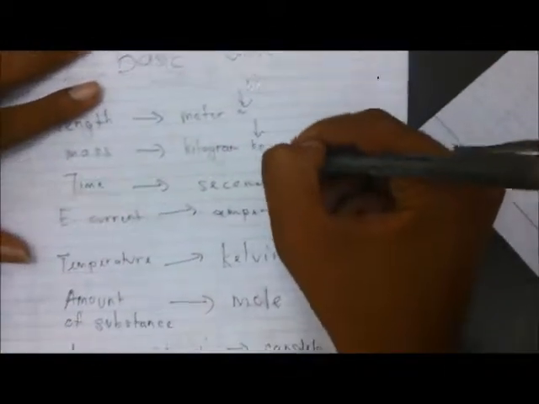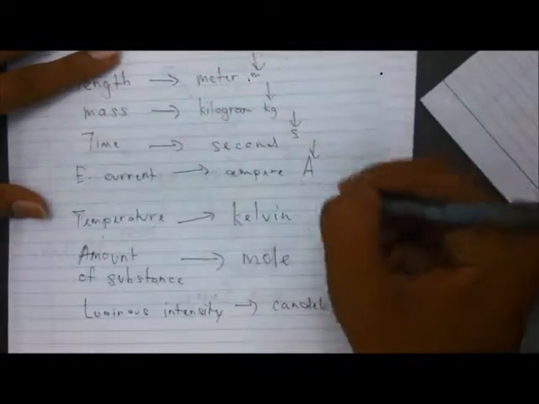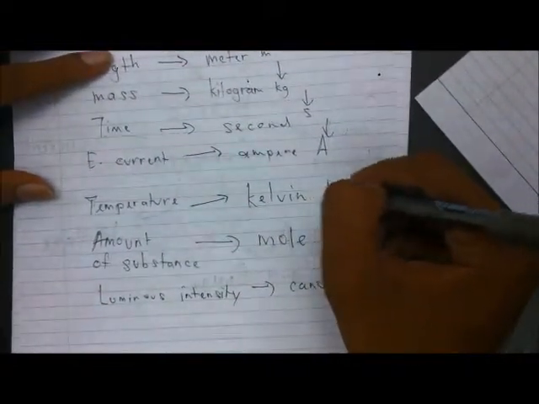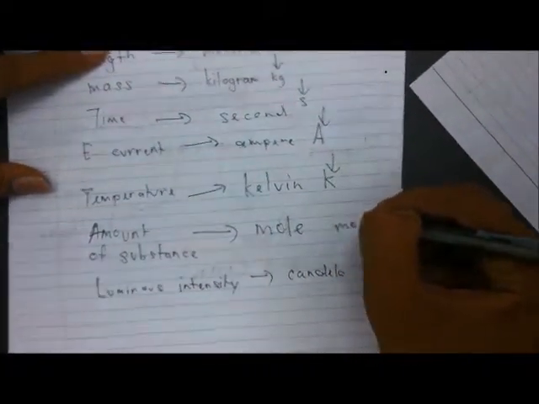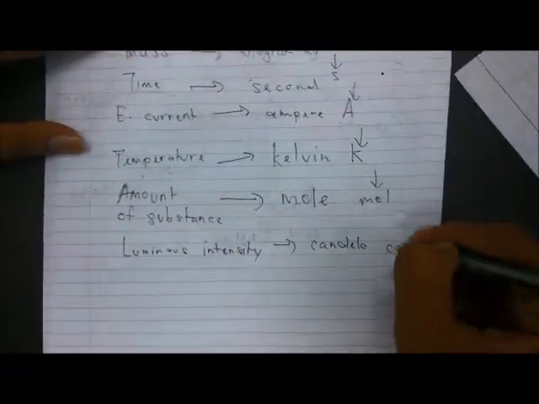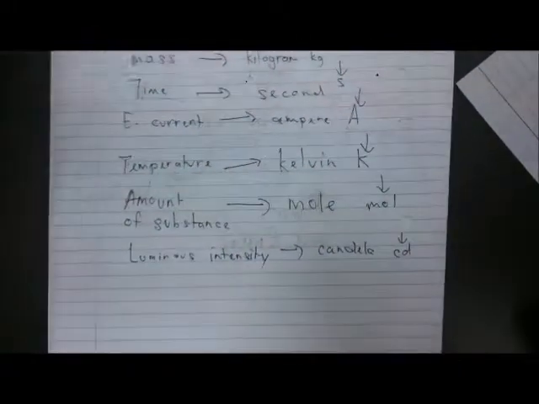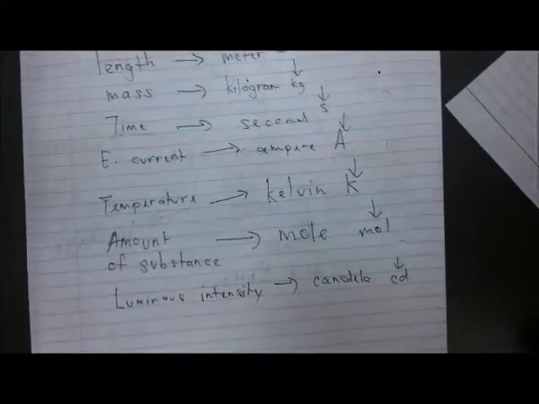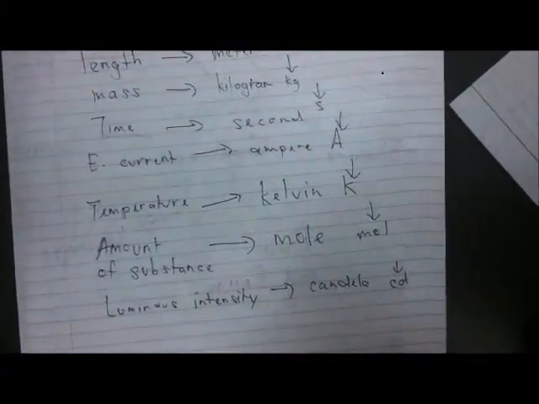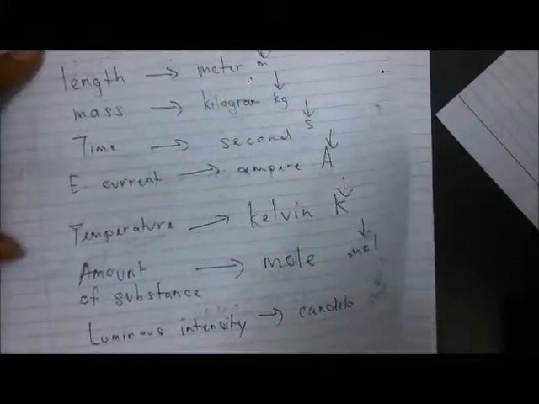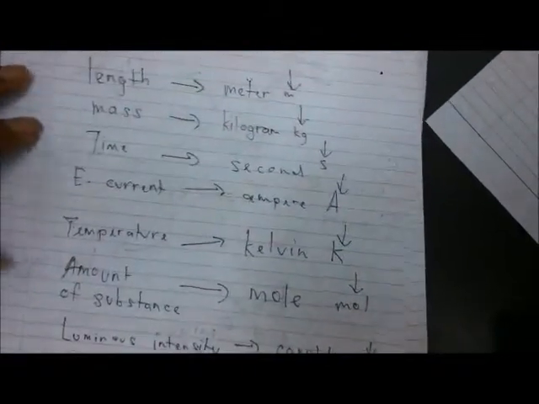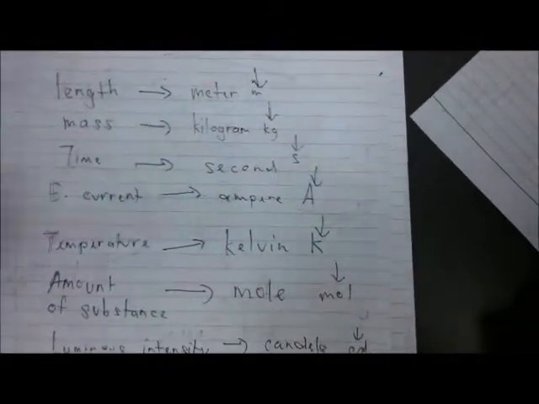So in short: meter, kg, second, ampere, Kelvin, mole, and candela (cd). We finished the basic quantities.